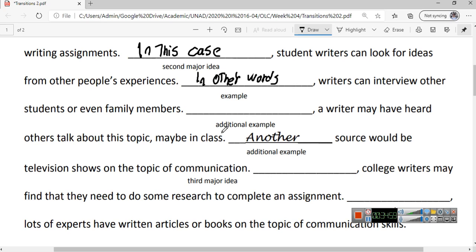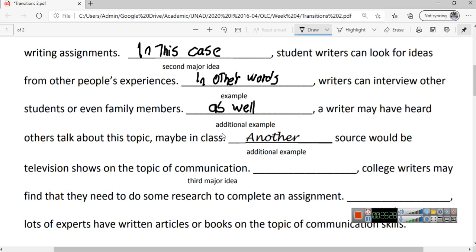Maybe as well. As well sounds better. A writer may have heard others talk about this topic, maybe in class. Very good. As well is good.